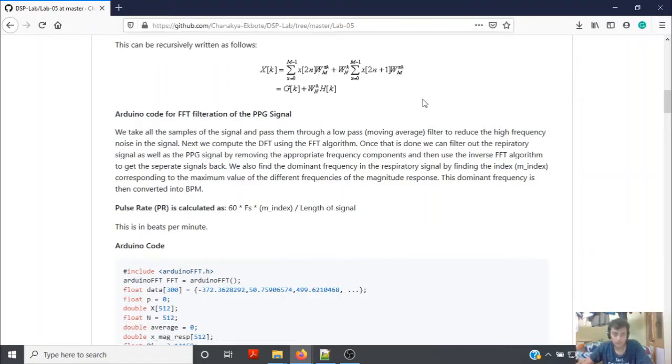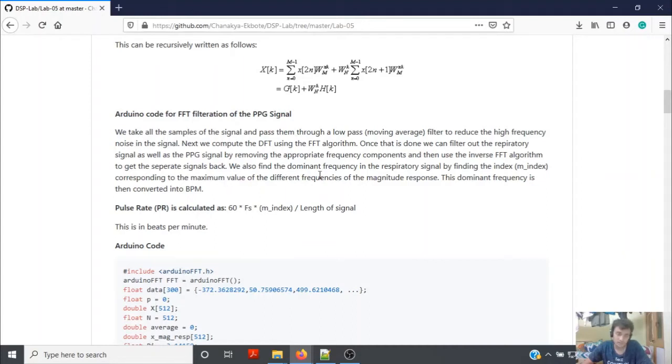So if you want to find out the index, you have to multiply the frequency, that is between 0.05 to 0.5 hertz in case of a respiratory signal, divide that by the sampling rate, and multiply it by the length of the signal that we want to compute the DFT for.